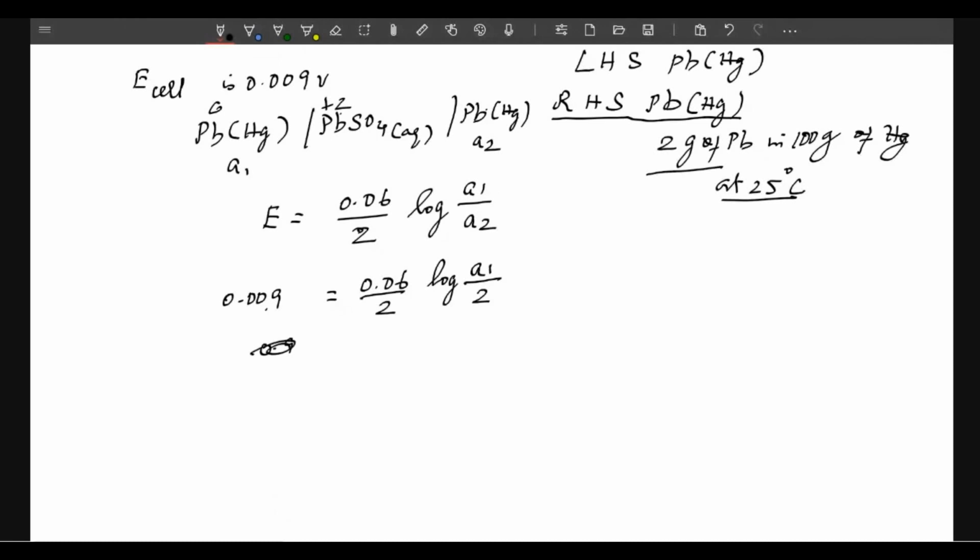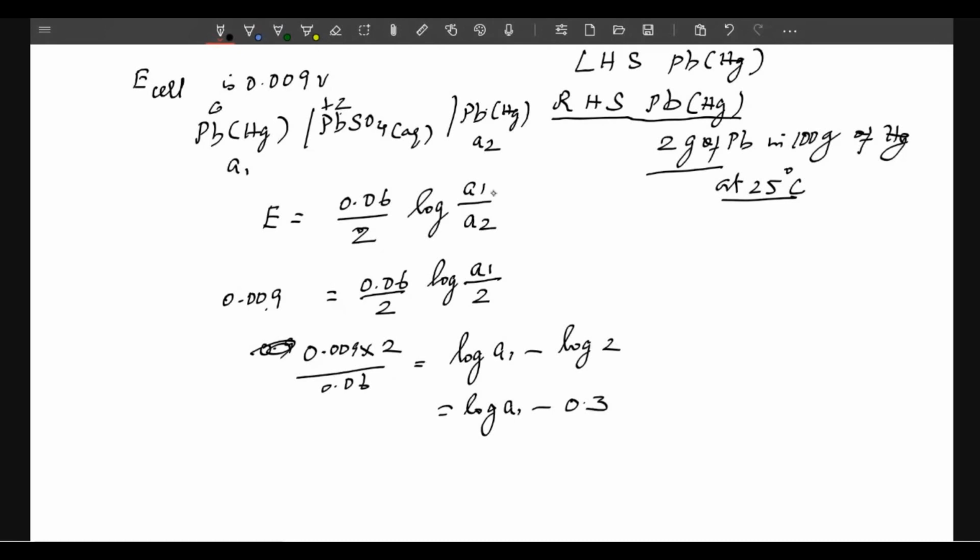0.9, or we will convert it like this: 2 by 0.06 equal to log of A1 minus log of 2. Log of 2 is equal to 0.3.